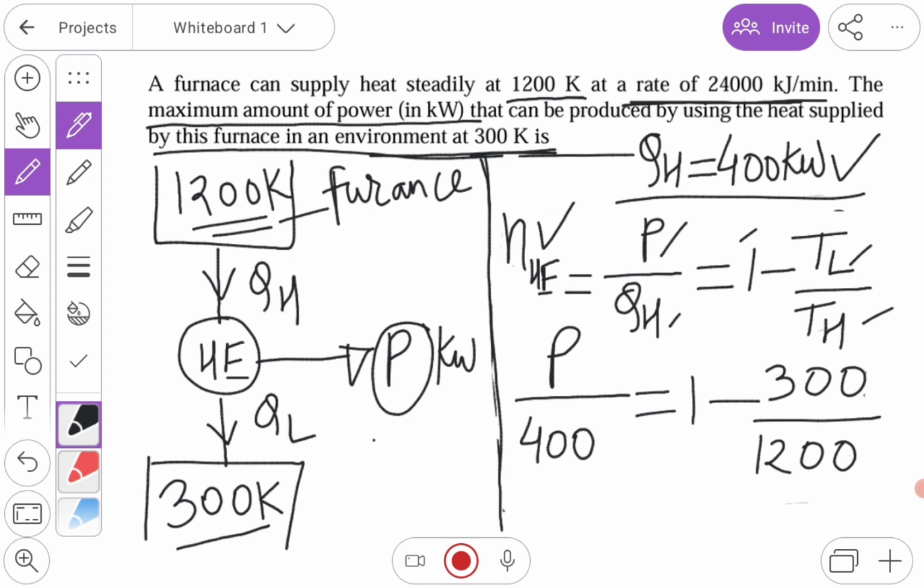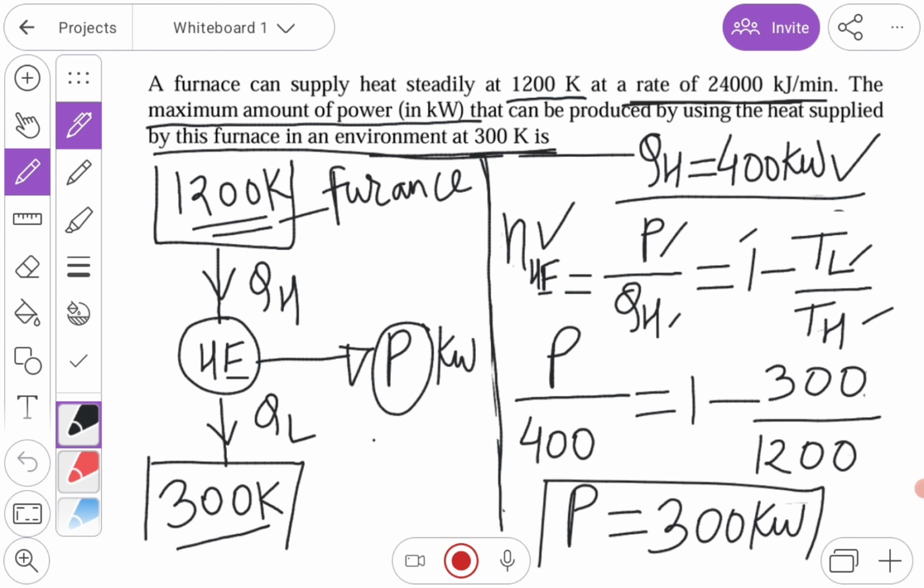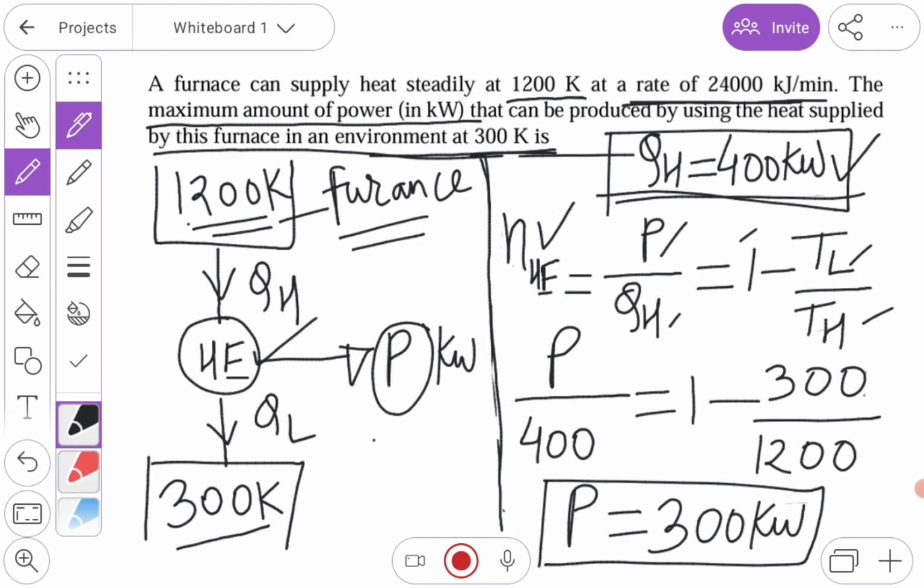If you calculate power from this, it will be equal to 300 kilowatt. So when a furnace which is at 1200 Kelvin supplies 400 kilowatt heat input to a heat engine, that heat engine can produce maximum 300 kilowatt of power.